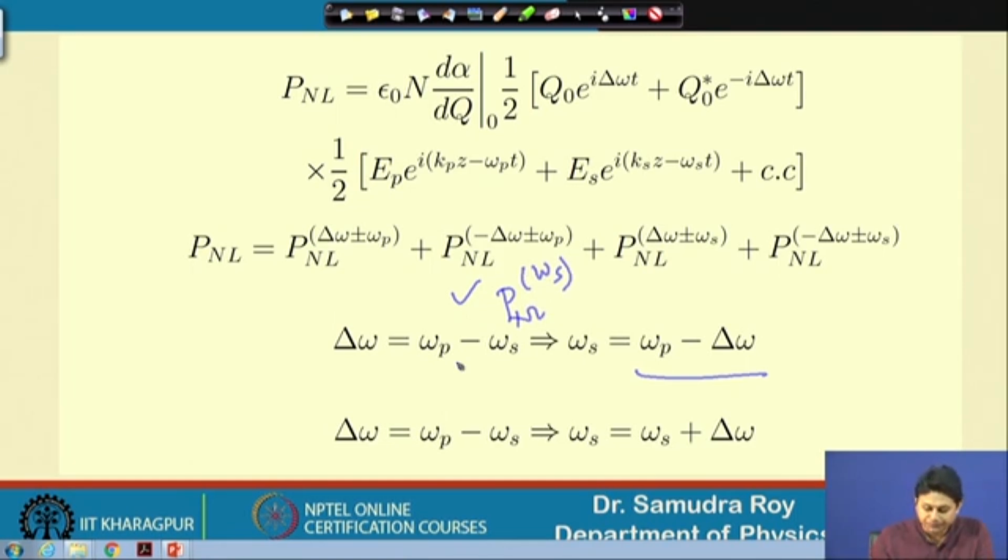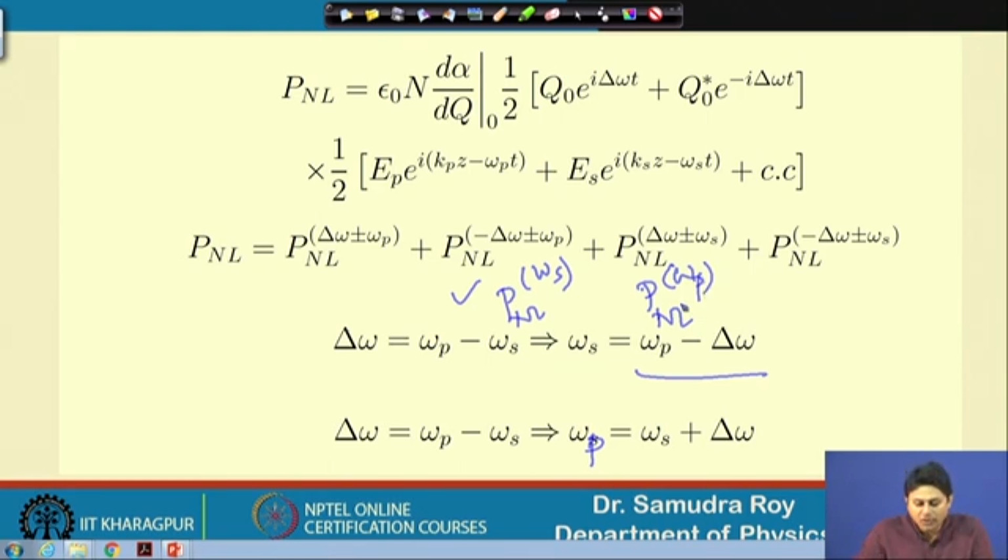Also, here it should be omega p, there is a printing mistake. Also, the omega p frequency is somewhere here. Omega p is omega s plus delta omega. So, omega s plus delta omega is sitting here. So, among these 8 frequencies, one nonlinear polarization is also vibrating with the source frequency omega p.